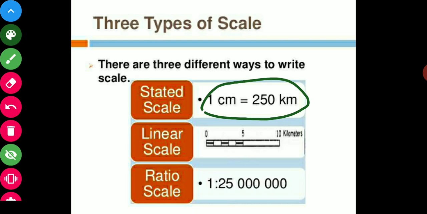And when the scale is written in this format, it is called linear scale. While when the scale is written in this format, then it's called ratio scale. So these are the three types of scales: stated scale, linear scale, and ratio scale.